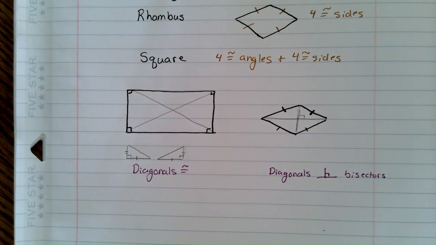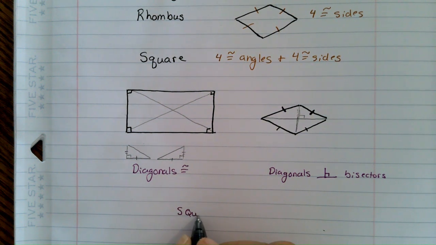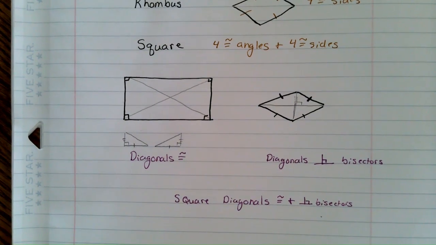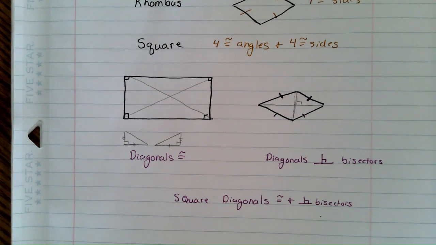So a square, the diagonals are congruent and perpendicular bisectors. And if you think about it in a baseball diamond, absolutely. I know, baseball diamond is just a square turned 90 degrees. So all those things become true.